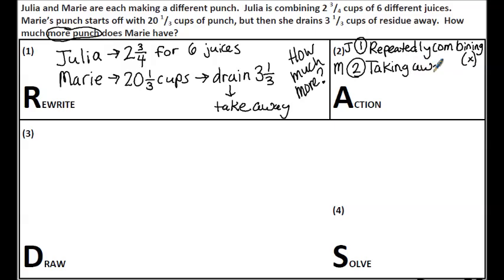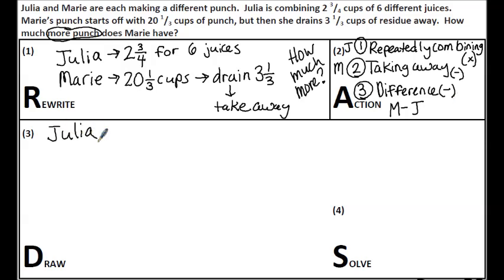So the model that Marie is using is the taking away model, and that's represented with subtraction. Now the third thing we're going to do is compare the difference between how much Julia has and how much Marie has. So the difference model is a different model of subtraction. So we're going to figure out how much Marie, because she's got more, minus Julia, who has less.